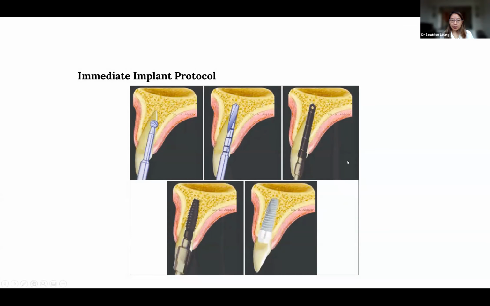If you are going to do the immediate implant protocol, you have to have primary stability. And so most of the time, the strategy involved is making sure you engage a little bit of the apical bone and the palatal bone in order to gain primary stability.